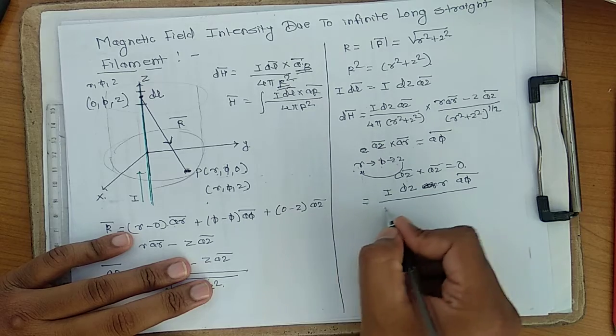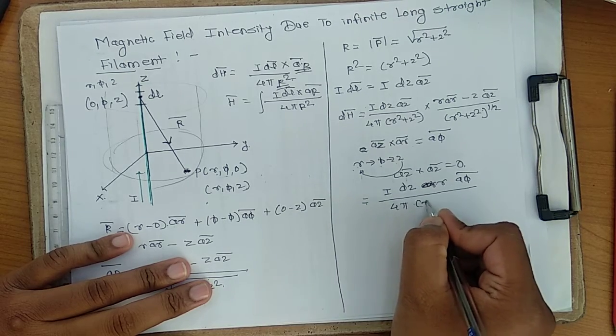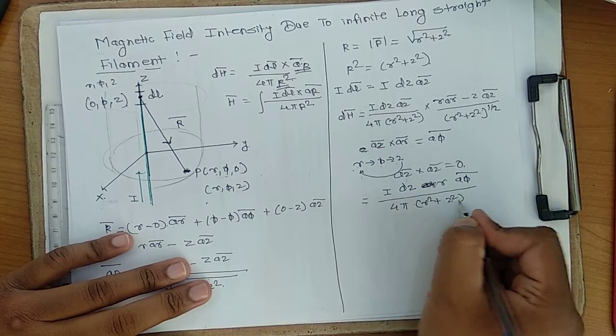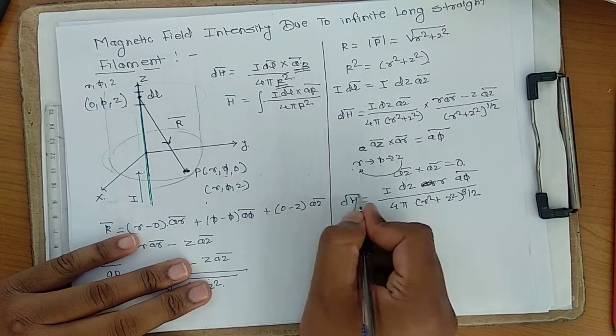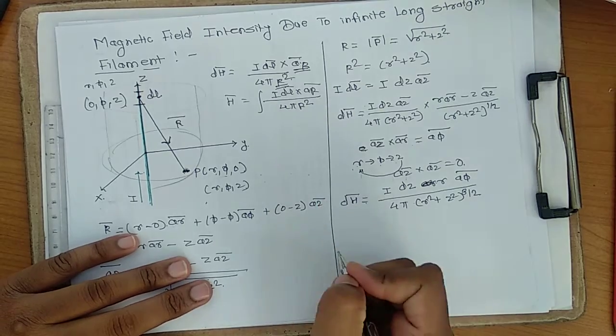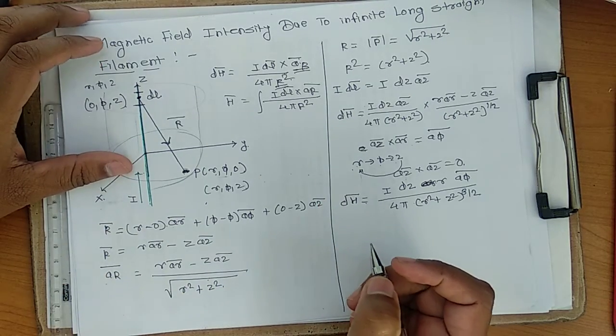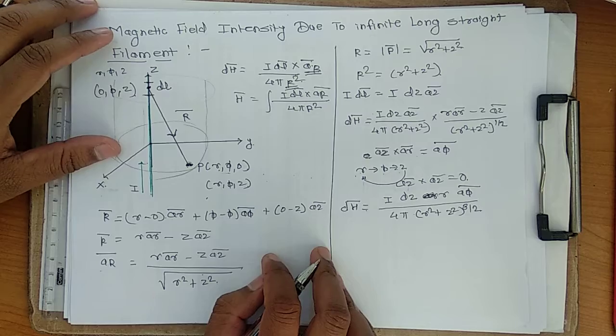Divided by 4π (r² + z²)^(3/2), that is dH̄. Now this is only dH̄ we have calculated, but we have to calculate H̄ because we want the magnetic field intensity.